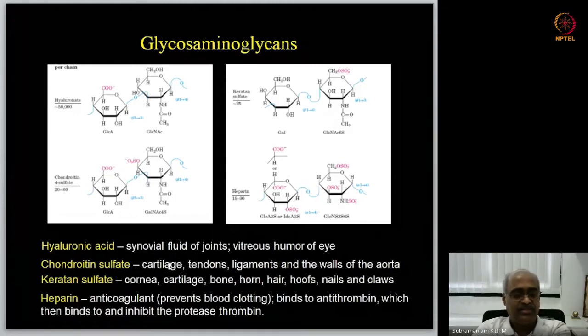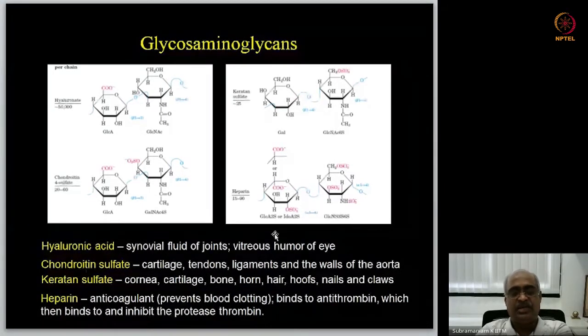That sort of consistency is provided by these proteoglycans containing chondroitin sulfate. Tendons, the ones that join muscles and bones, ligaments, again similar structures, and the walls of the aorta, the main artery supplying the heart, they all get their tensile strength primarily from the chondroitin sulfate attached to proteoglycans.